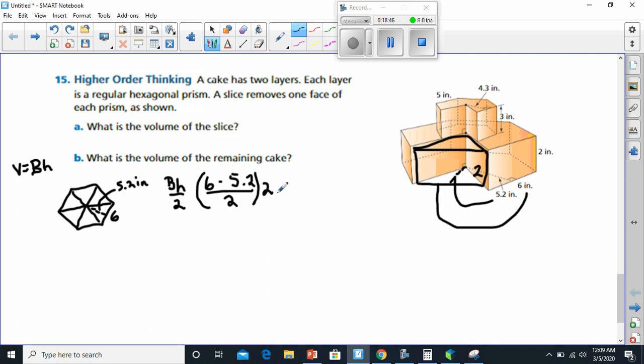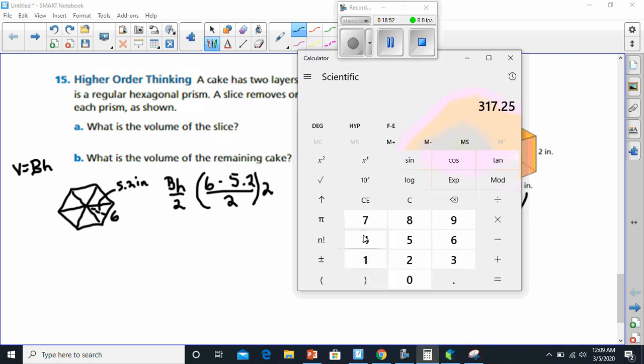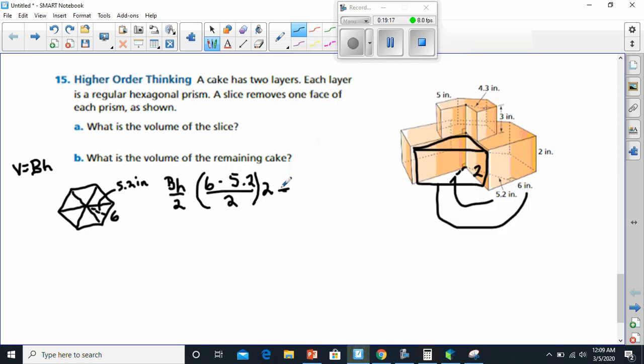Really, if we're multiplying by 2 and dividing by 2, we can almost cancel these out, but I'm going to go through the whole thing with you just to make sure you understand it. We got 6 times 5.2, that equals 31.2. We divide by 2, that gives us 15.6, and then we multiply by 2. So that whole piece there, the bottom piece, is 31.2.